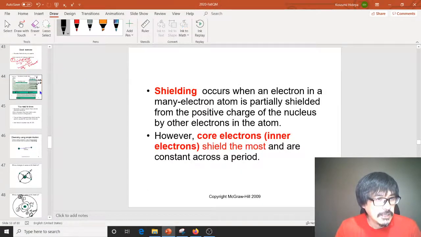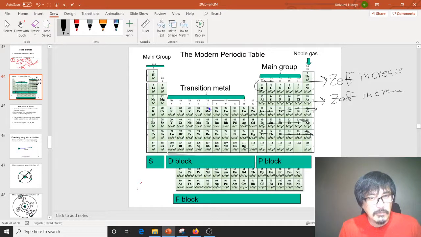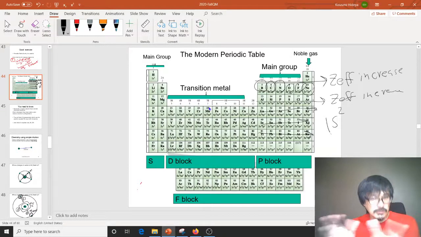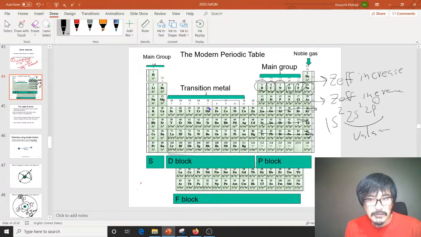What it means is that carbon has 2 core electrons, boron has 2, nitrogen has 2, oxygen has 2. The core electrons for B, C, N, O, F, and Ne all have 1s squared, the 2 electrons occupying the 1s orbital. The 2s squared and 2p of any kind, like 2 or 3 or 4, are all valence electrons.